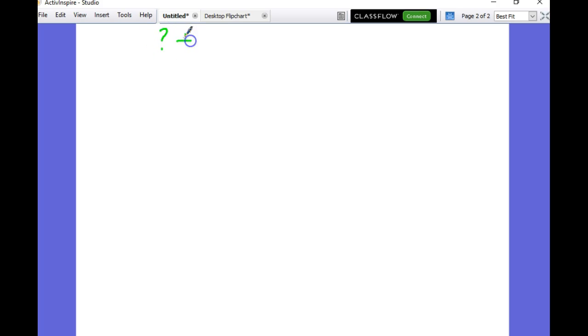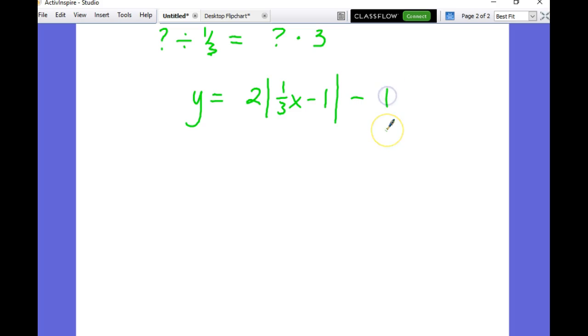If I do something divided by 1/3, that's the same thing as that something being multiplied by 3. Okay? So let's put that to work for us. We have y equals, what was the problem? 2 absolute value 1/3 x minus 1, minus 1. Okay. So here we go.